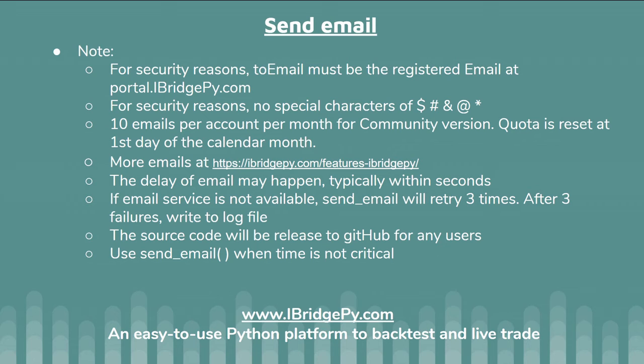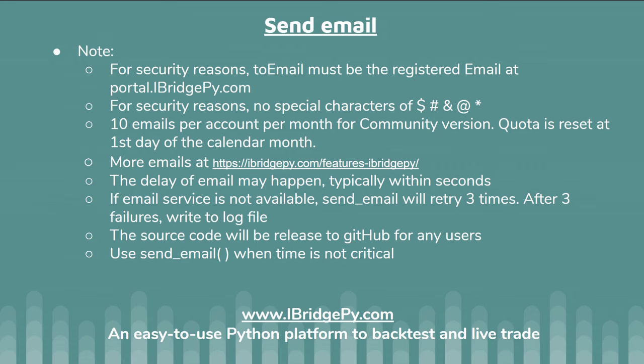If the email service is temporarily unavailable, the send email function will retry 3 times. After 3 times, it will write to a log file for users to check what the problem with the service is.